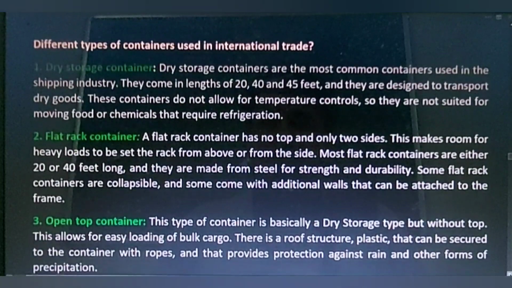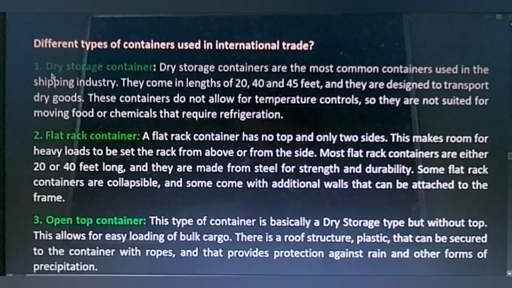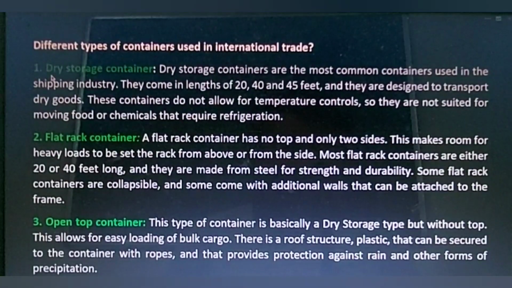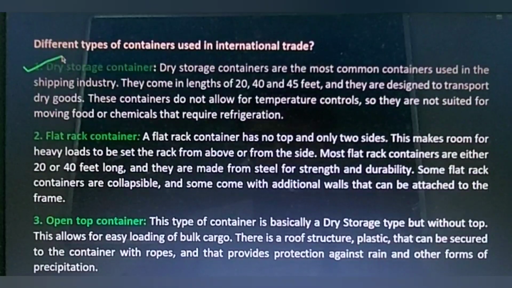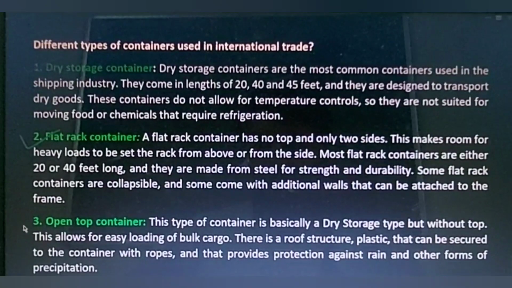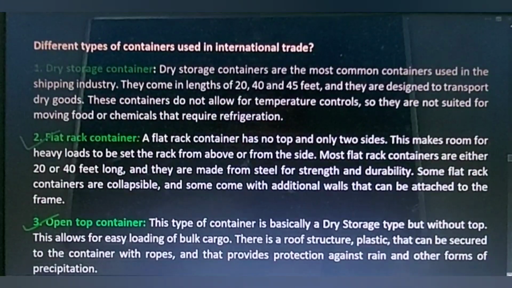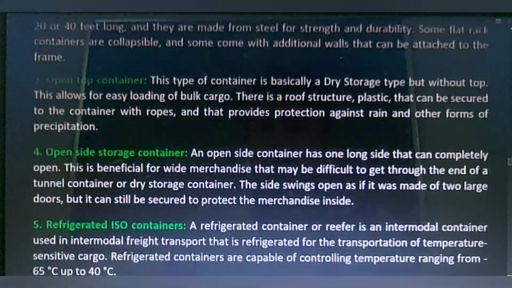Okay, the different types of containers used in international trade, as we can see here, how many types of containers can be used for international trade. So this one is the first one, that is dry storage container, then flat rack container, then open top container. There are many types of containers, and according to their sizes and their specific functions, they are all termed.